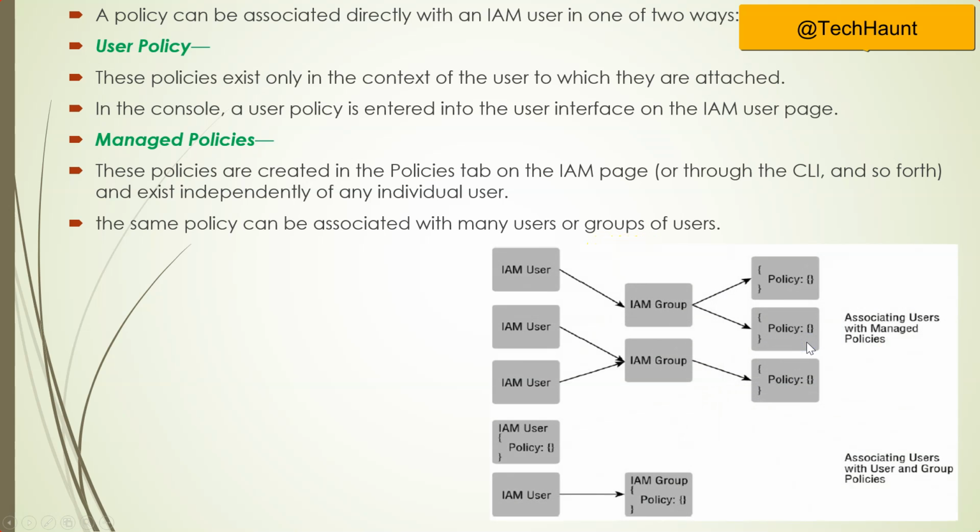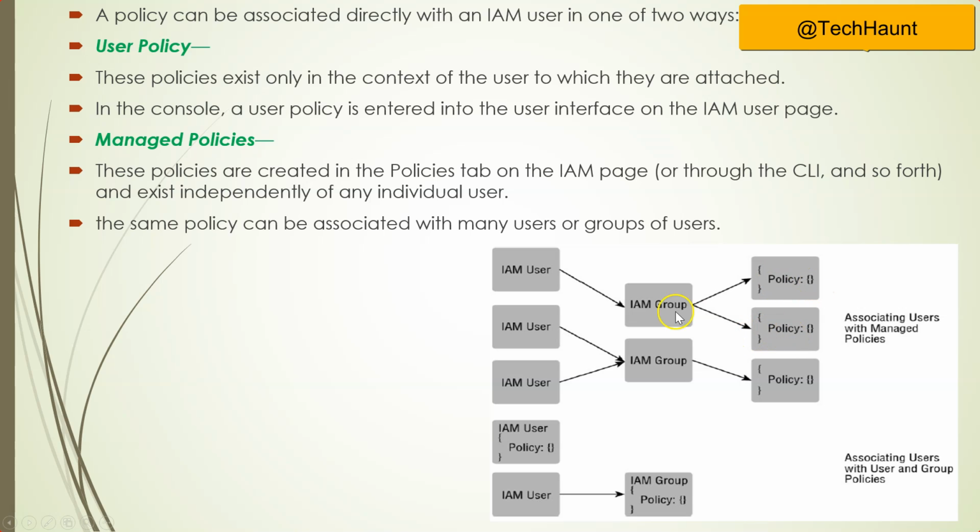So this is the picture of how it's going to be assigned. We have the IAM users, IAM groups, and here are our policies. This is its structure. Okay, so it's associating users with a managed policy, and associating users with user and group policies. So how it looks, you can see it. This IAM user is a member of this IAM group, and this IAM group is associated with two policies.